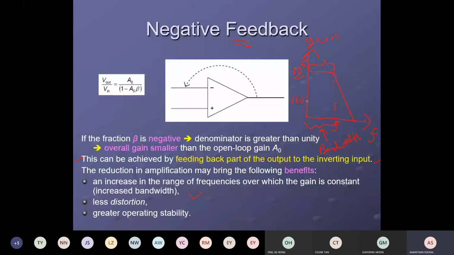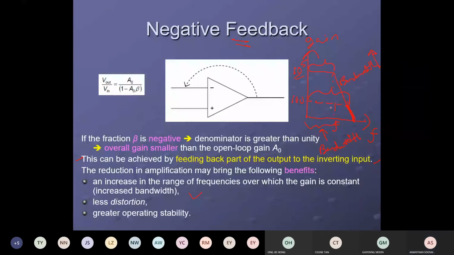So now the gain is, let's say, 100. The new graph will be here, following this line. So what happened to the bandwidth? The bandwidth increases.